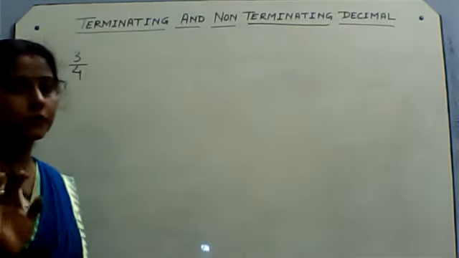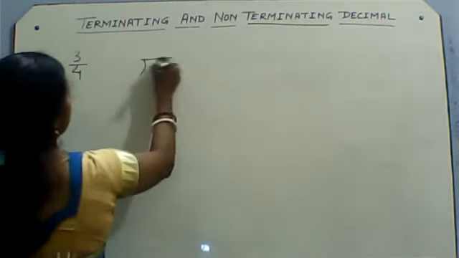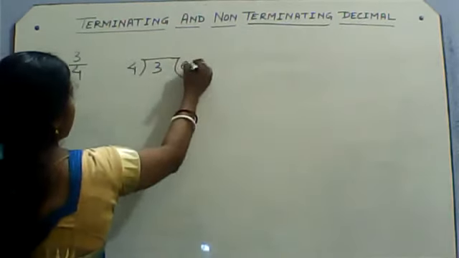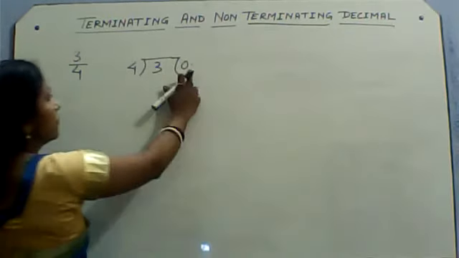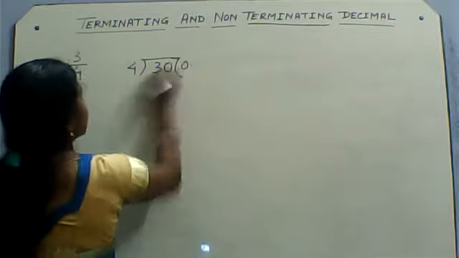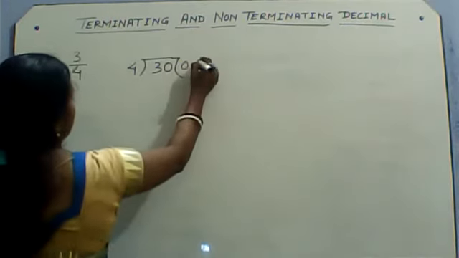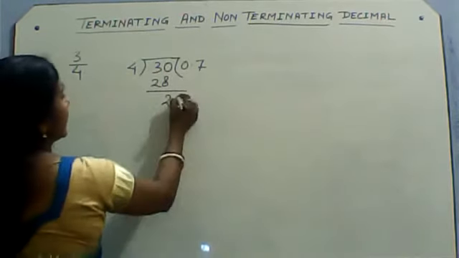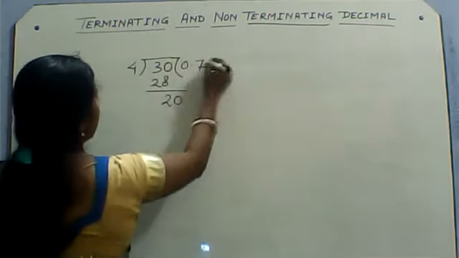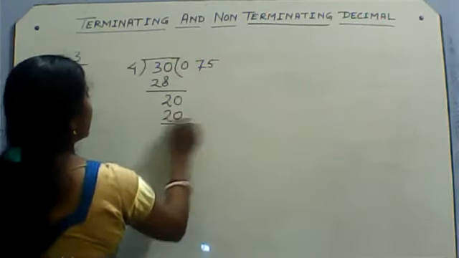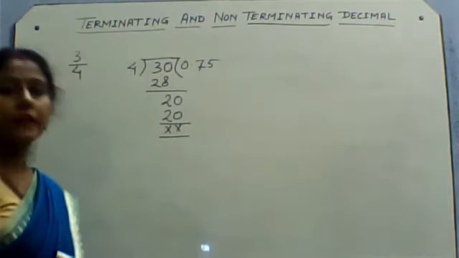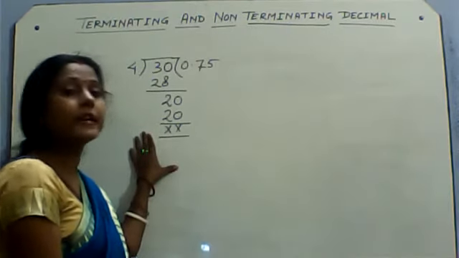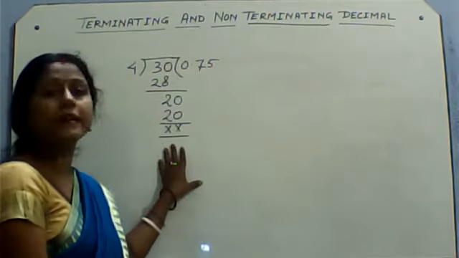If you divide 3 by 4, we put 0 point because 3 is less than 4, and then we get 10. 4 sevens are 28 and 2 will remain. Then again you put 10, and 4 fives are 20. Now no remainder is remaining. Understood? So this type of decimal we call a terminating decimal, in which no remainder remains.